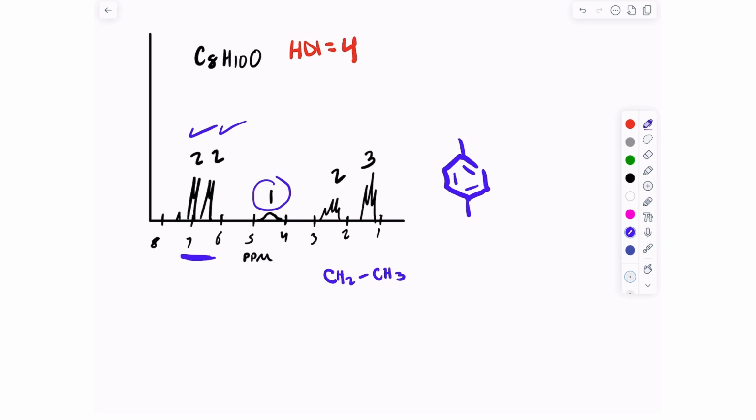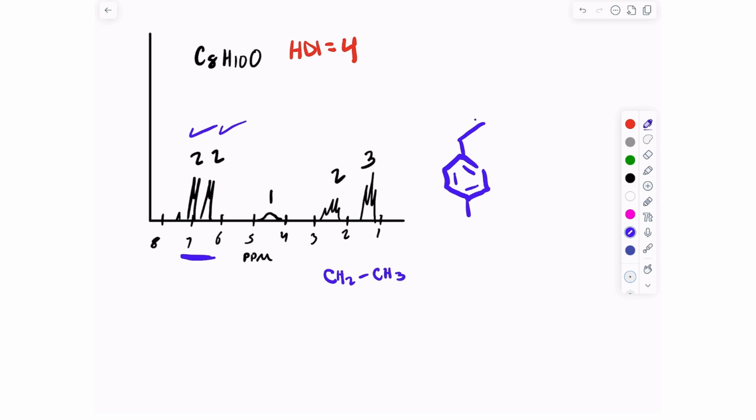So I think the next thing that we have is we've got one single hydrogen here. So I think I'm going to start putting this together because I'm pretty sure this ethyl would have to go here because where else would it go? We only have one more hydrogen for one more group. So you know that the ethyl is going to go on the edge here.